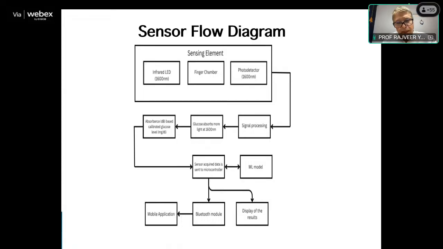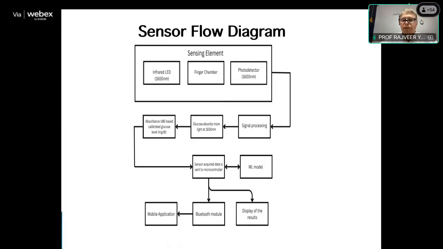Then the sensor acquired data is being represented, and the microcontroller has been built with the integrated ML model. We have developed an ML model also for this. The ML model will stop any erratic reading, because the database has acquired a lot of data.